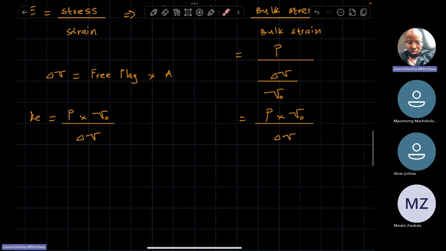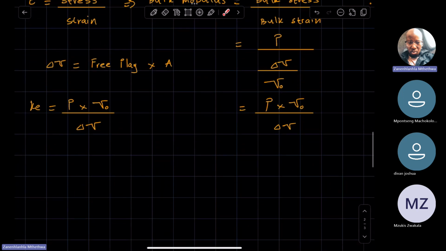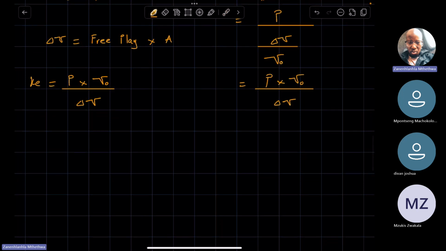Now at this point, we've already calculated our effective bulk modulus. We have pressure, and then we can get the original volume. So KE is equal to the pressure times the original volume.